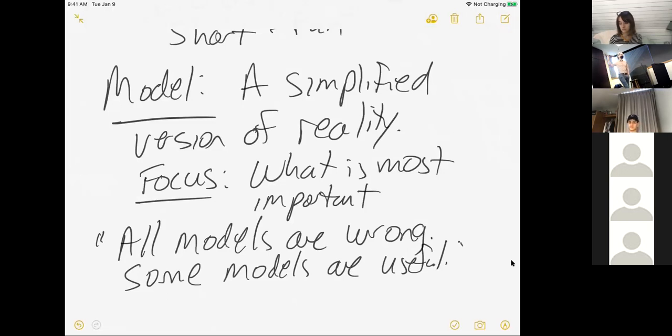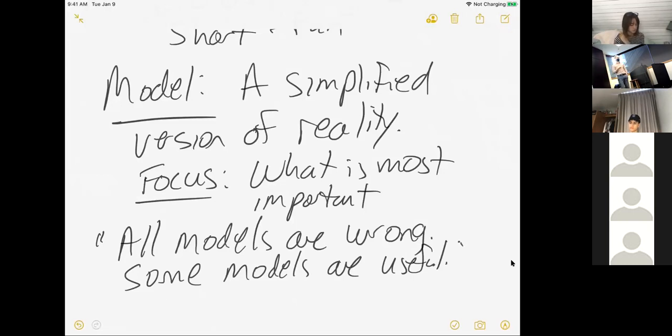We develop models of the real world, and then we ask ourselves, well, are these models useful? Do they help us explain some of the things that we observe? Do they help us explain the causes of recessions? Do they help us understand the impact of monetary policy or fiscal policy on the economy? And so that's very much how we're going to use this aggregate demand, aggregate supply model.